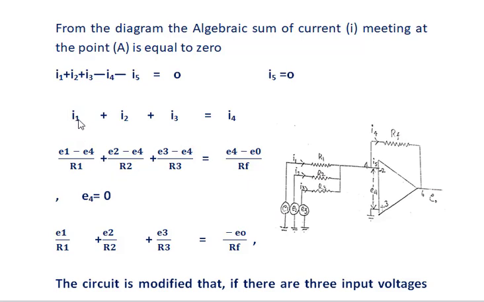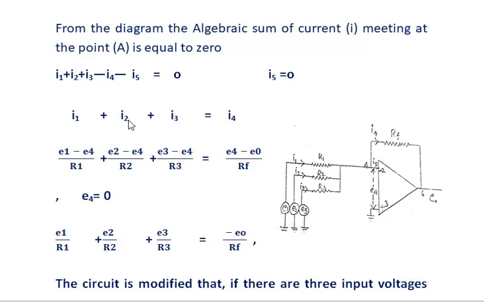What is current? We know that I is equal to potential difference, that is voltage, divided by resistance. The current I1 is passing through the resistor R1, and the potential difference across this resistor is E1 minus E4, so I1 is E1 minus E4 divided by R1.